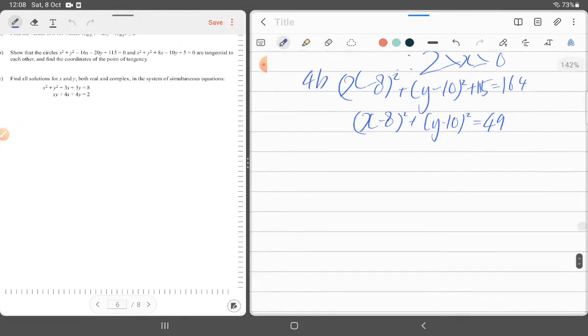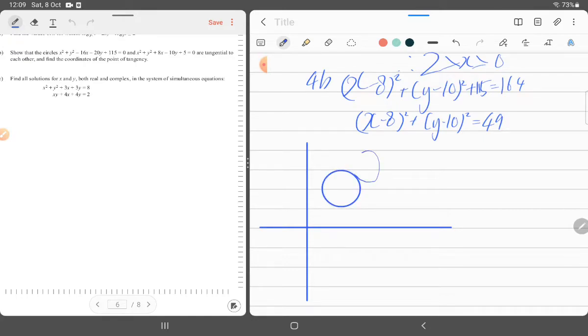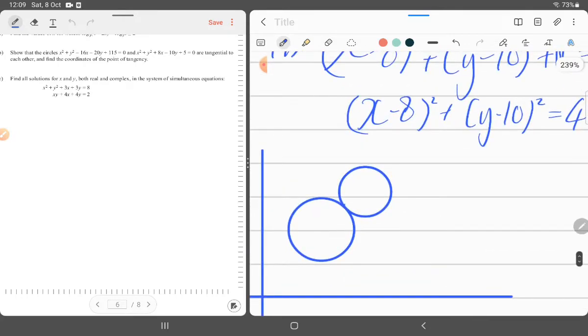So tangential. I think by this they mean, here's a circle, and they touch at this point.